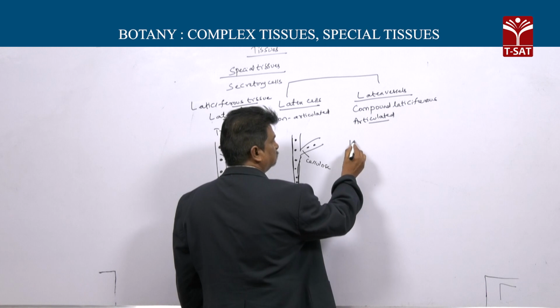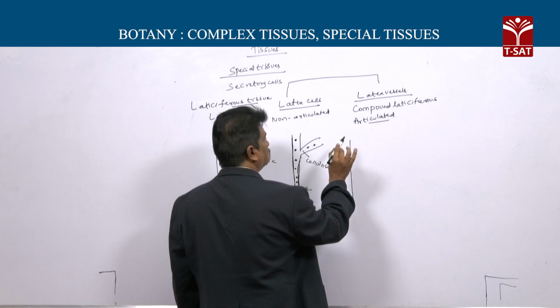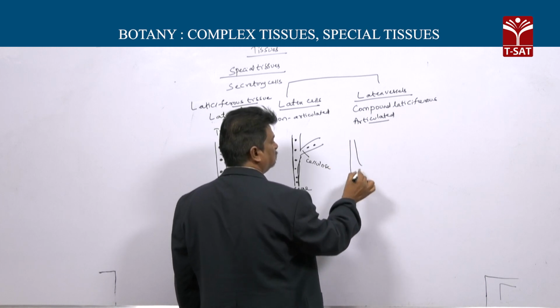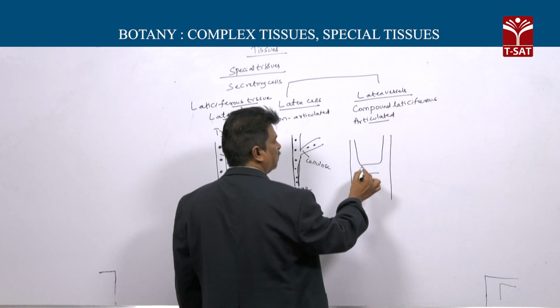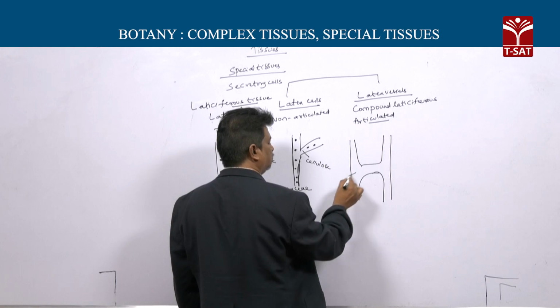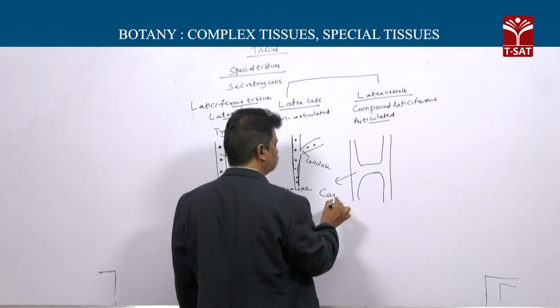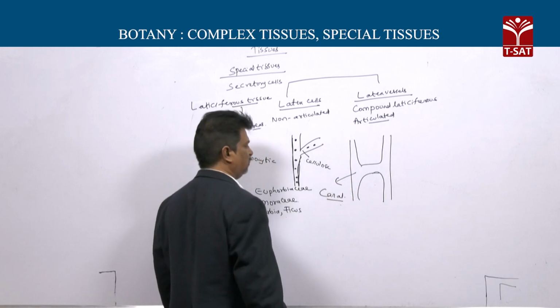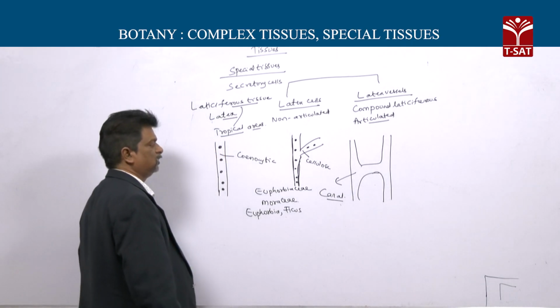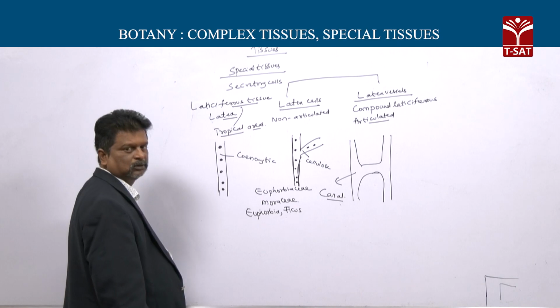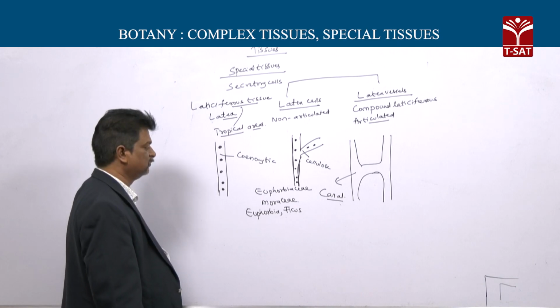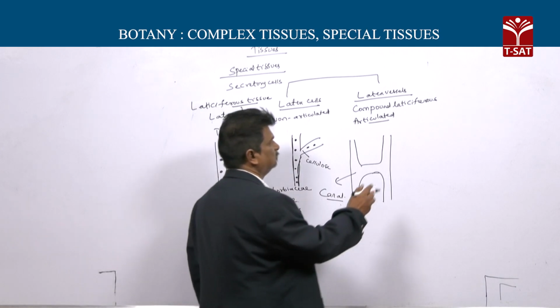Latex cells are called non-articulated. These latex vessels are branched. All these branches fuse to form canals or channels through which the latex flows freely.